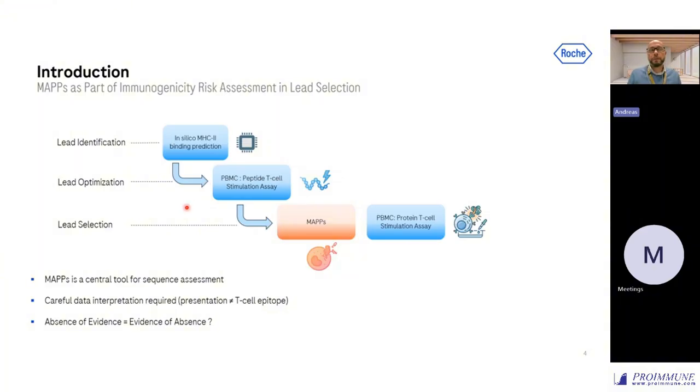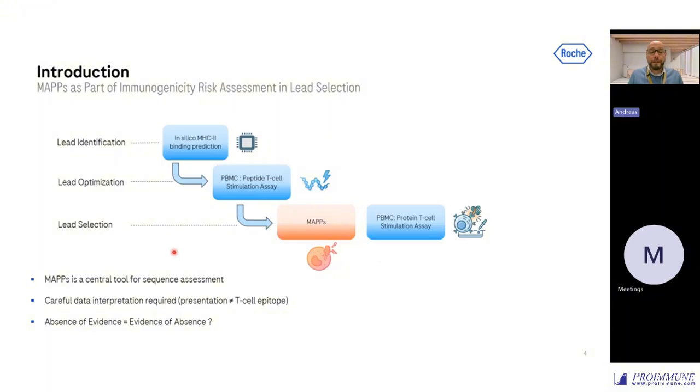Later, when molecules are available, which is kind of a prerequisite of the MAPS assay and also puts it a little later in the development stage, in lead selection we can use MAPS and other PBMC-based assays, for example a T-cell stimulation assay, to further refine the immunogenicity risk assessment.